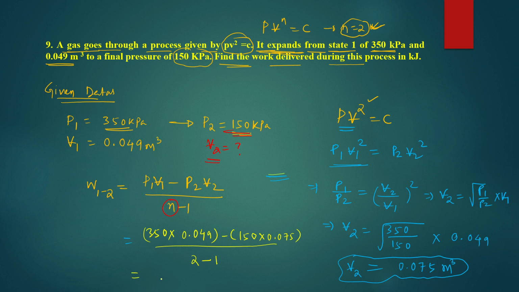So let us calculate that. 350 multiplied by 0.049 is equal to 17.15, minus 150 multiplied by 0.075, so I will get 11.25, divided by 1.